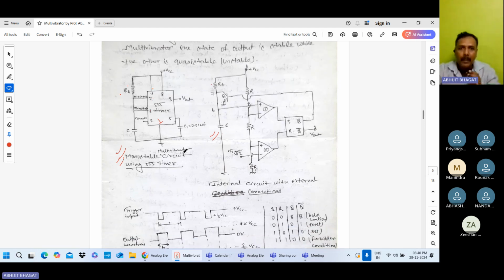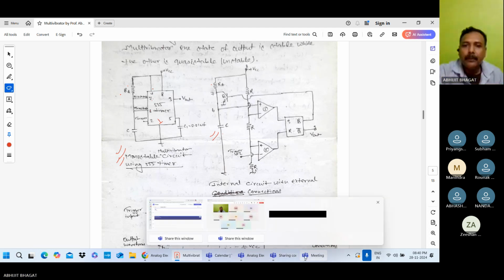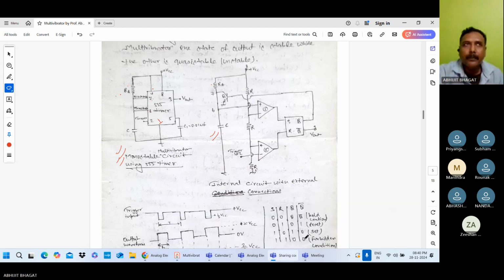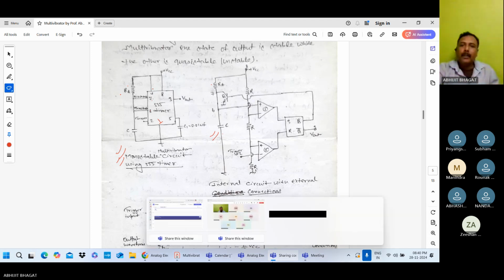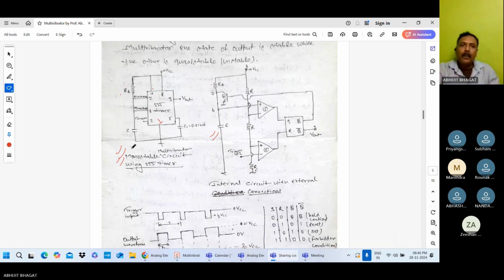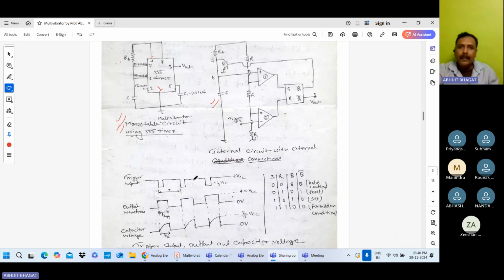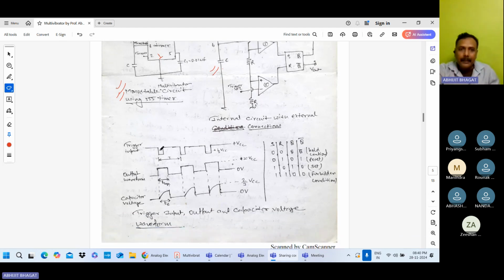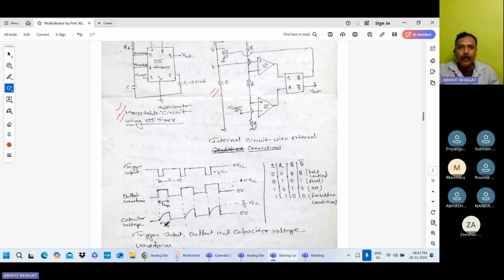Next is the waveform generated: input and output waveform, and capacitor voltage waveform.